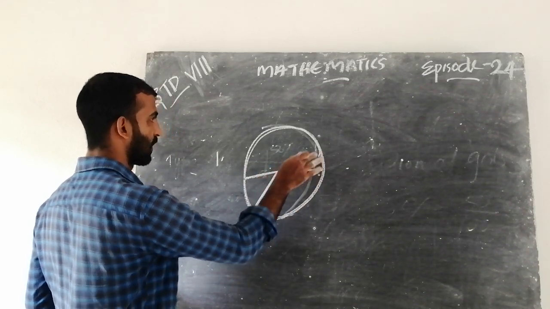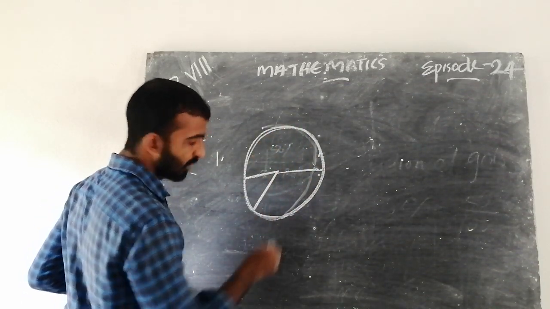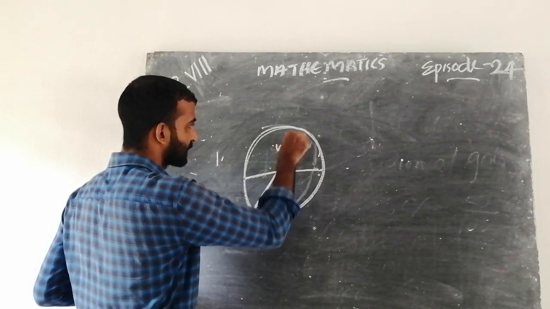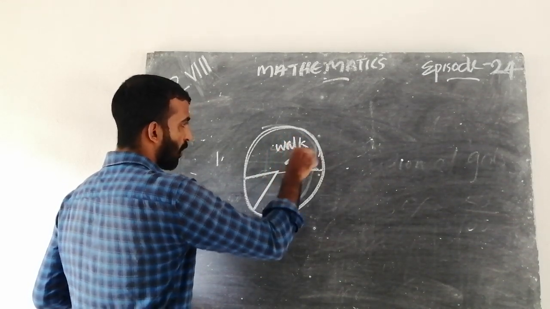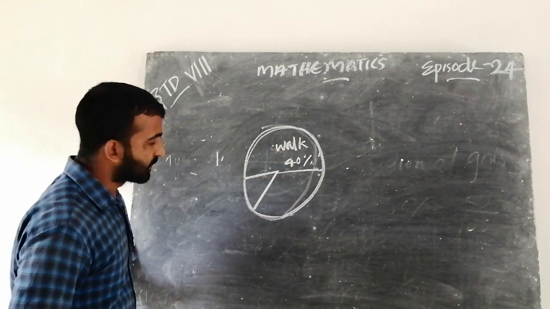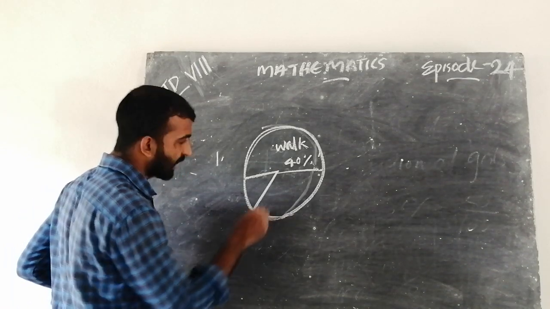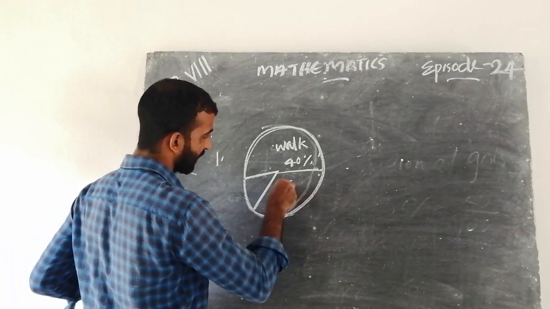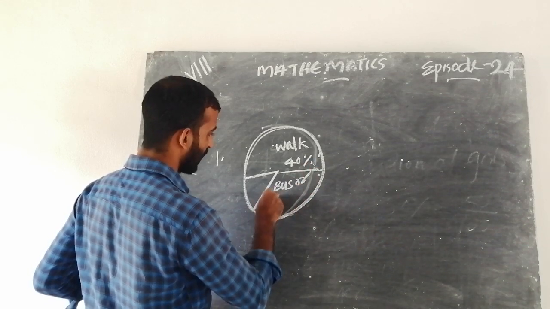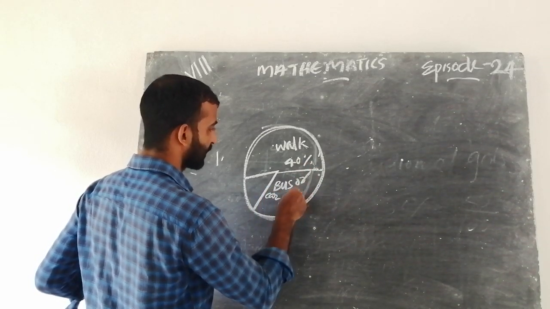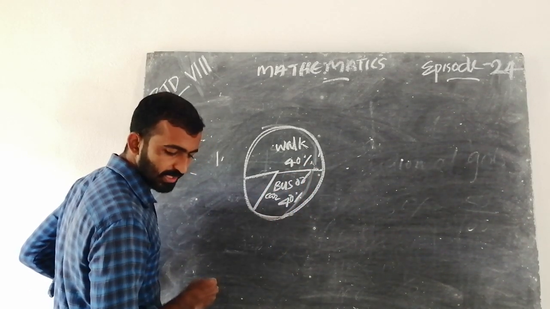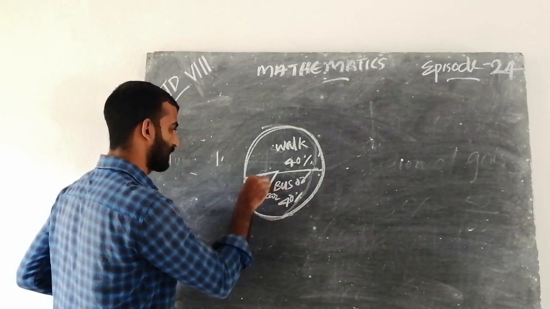Walk 40%, bus or car 40%, and cycle 20%.